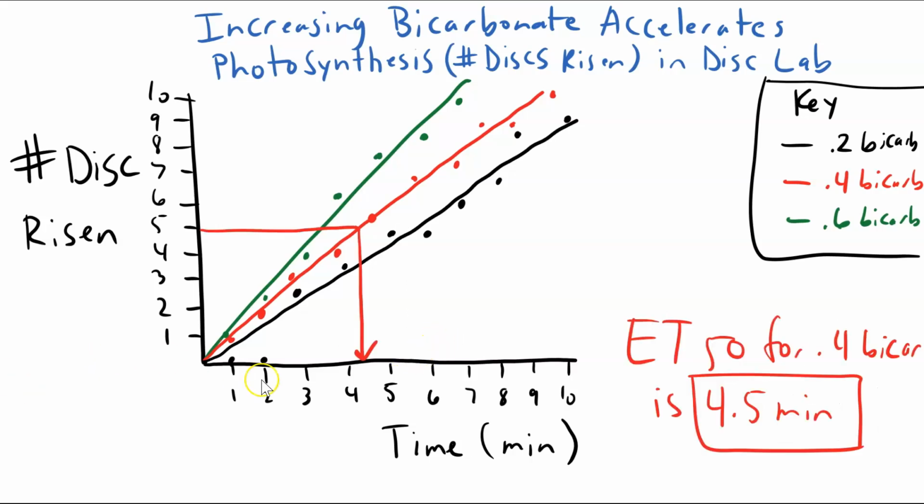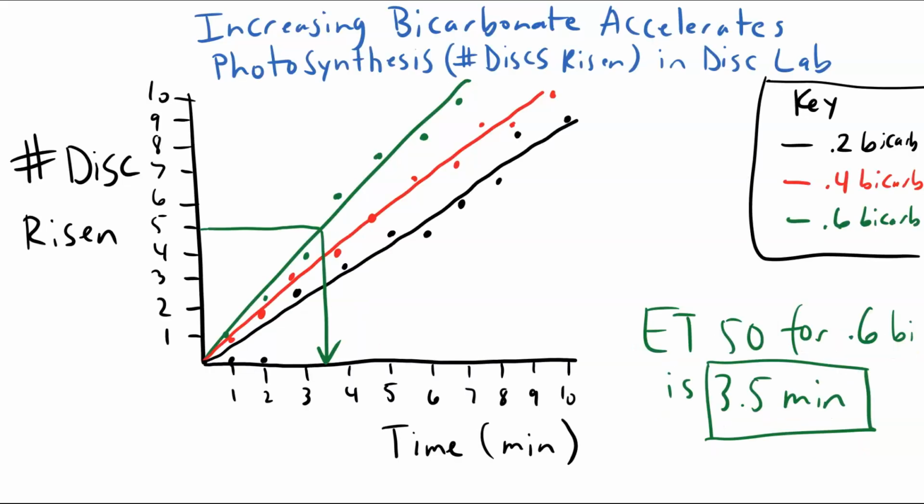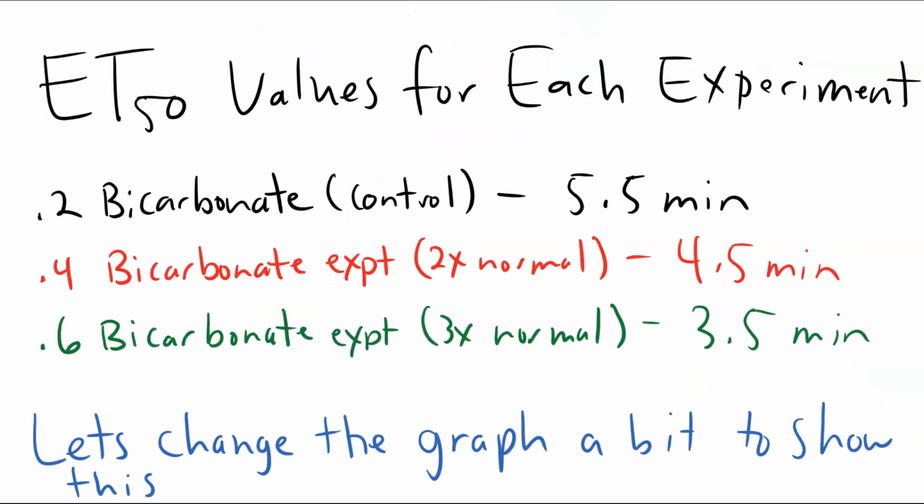If you look at the red line, the ET50 for 0.4 bicarbonate is 4.5 minutes. And if you look at the number of disks risen in the 0.6, 5 disks risen, your ET50 will be 3.5 minutes. Okay, so you can express those values as 5.5 minutes, 4.5 minutes, 3.5 minutes as ET50 values.